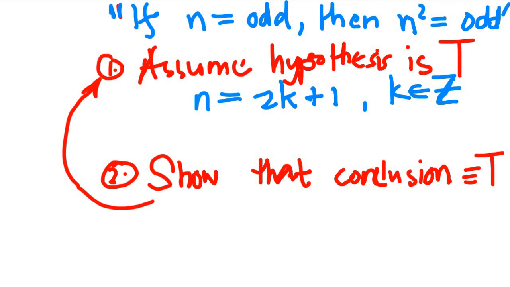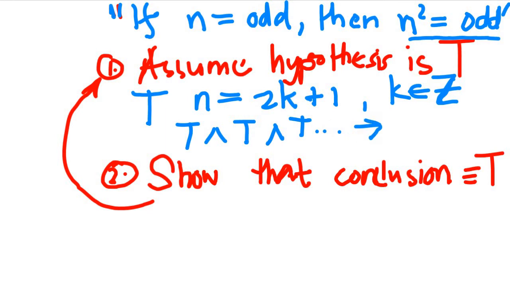Now, with this assumption, we can proceed with showing that the conclusion is true. The conclusion is n squared is odd. Is it true? We cannot assume it, but we already have an initial assumption that n is an odd integer. So we will build the argument from that so that we could come up with an argument that is true and true and true and so on. So this will imply the conclusion should be true as well.